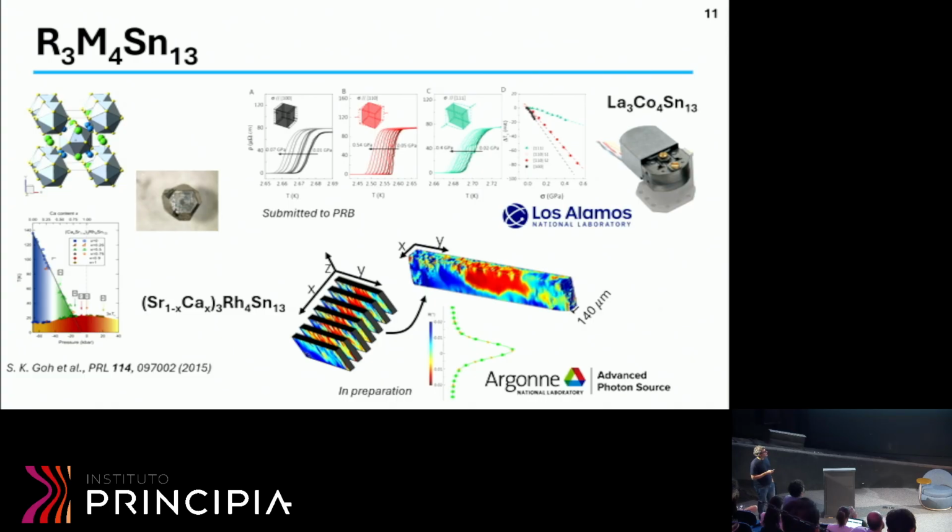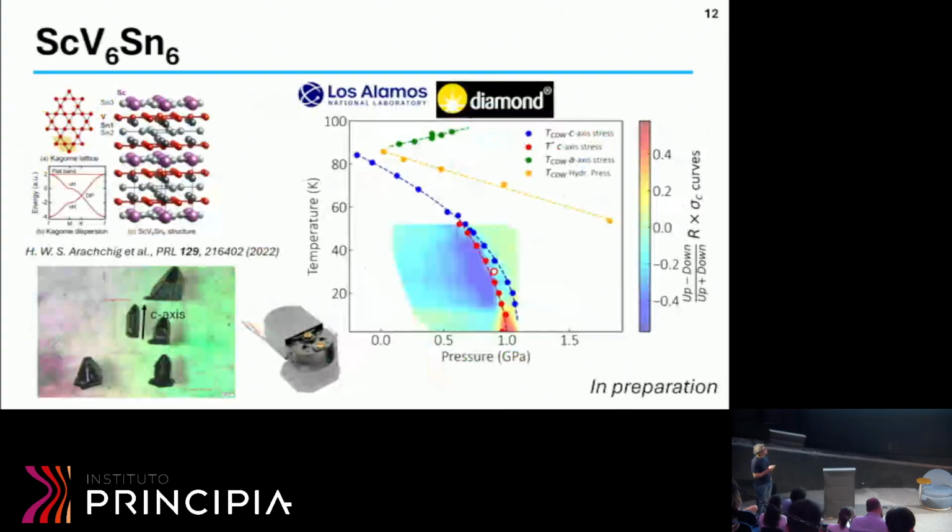What we see, and this we are still analyzing, there's a lot of data and we are learning how to process, but it seems that the domains of the charge density wave change once it goes into the superconducting state. So this is something that you should get out soon, okay?